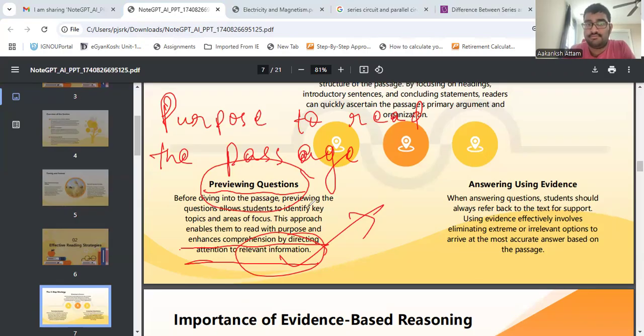Using evidence effectively shows that you are not answering randomly. This is something which has been established in the text. So you are trying to back up your answers using evidence. And where exactly are you going to get the evidence in the text?